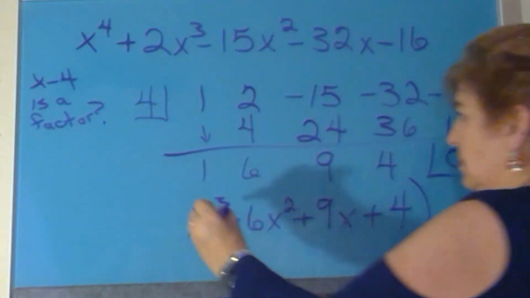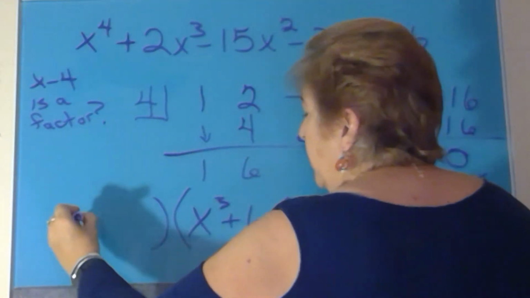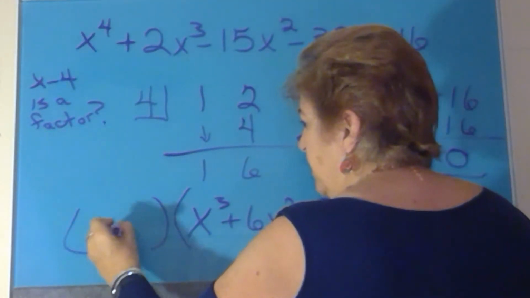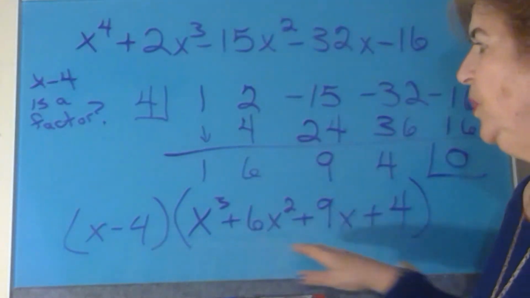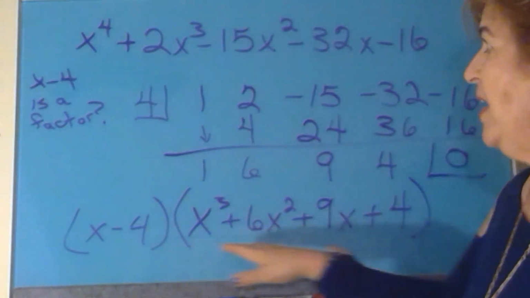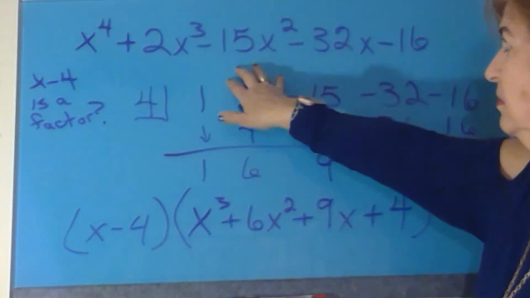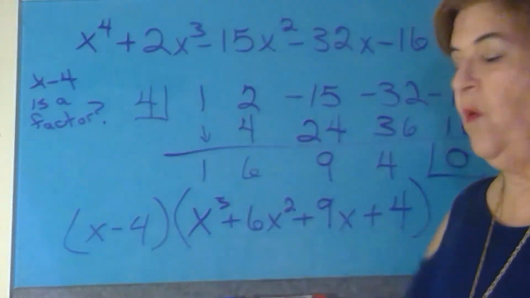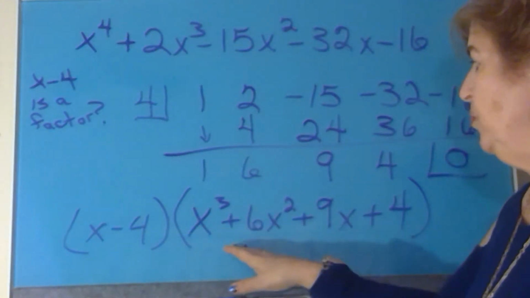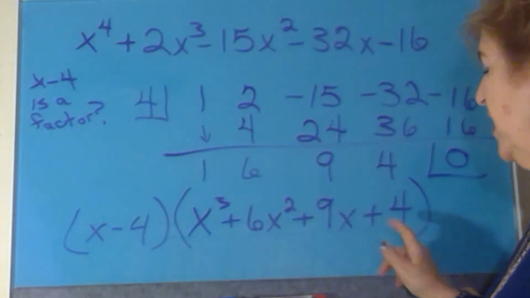Now, you didn't have to write this out, but right now, this is what you have found. The factors of that polynomial would be x minus 4 times x cubed plus 6x squared plus 9x plus 4.